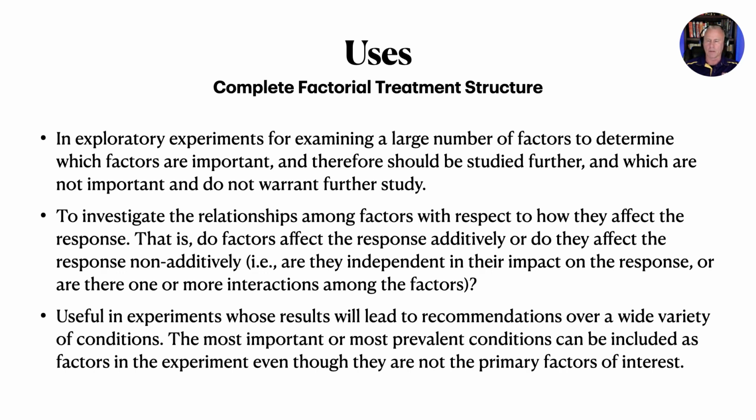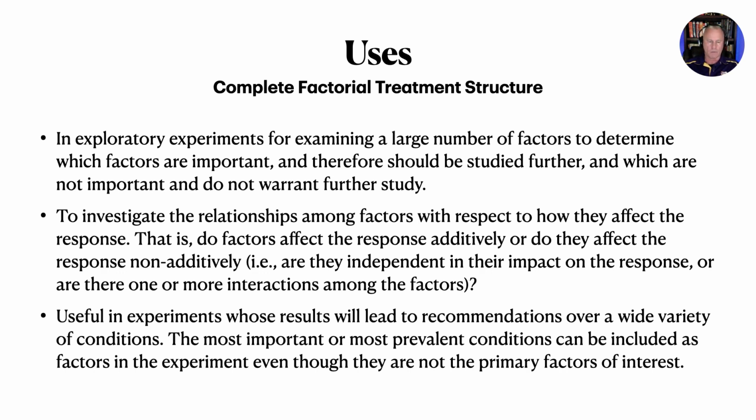So, for example, let's think about an agricultural experiment, all right, and the results of the experiment are going to impact how farmers conduct their field work, all right, how they plant, harvest, and whatever. Well, farmers in different situations, different locales, they may have different types of soil. They may have different levels of fertility. They may have irrigation or non-irrigation. They may have different levels of natural moisture in the soil.